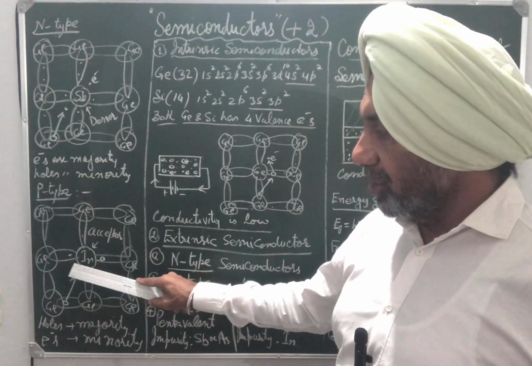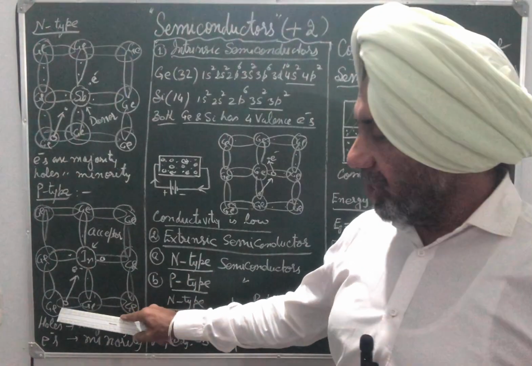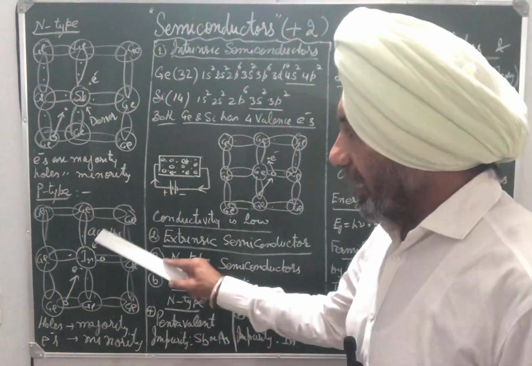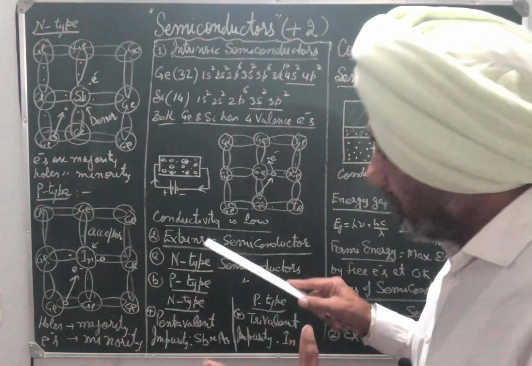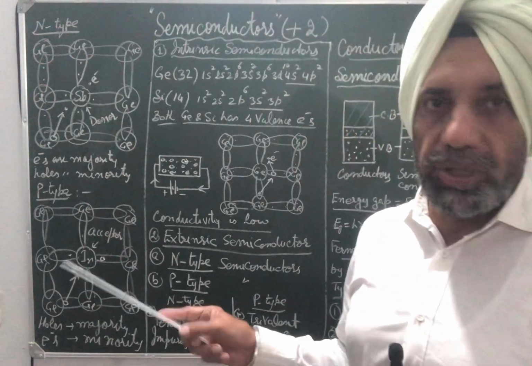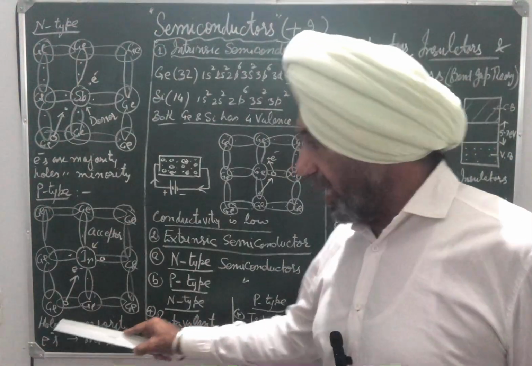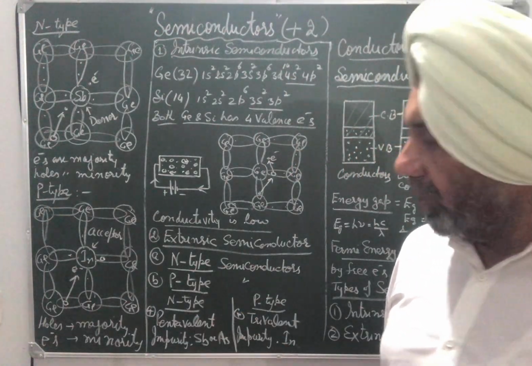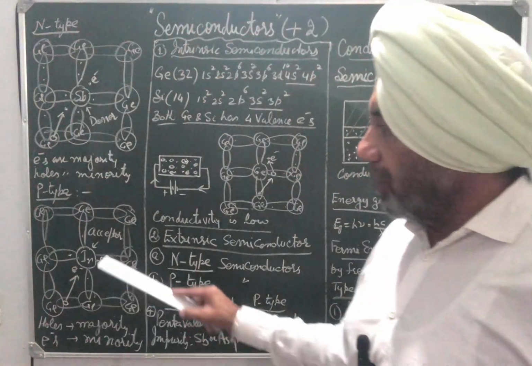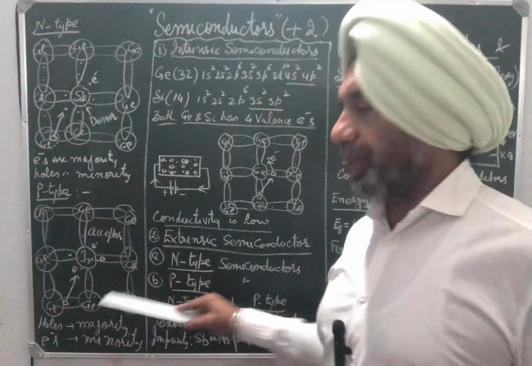From where an electron is removed due to thermal agitations, another hole is created. So in case of P-type semiconductor, when a trivalent impurity like indium is added, it increases the concentration of holes. Holes are the majority carriers in case of P-type semiconductors, whereas electrons are the minority carriers. And the impurity atom is known as an acceptor.